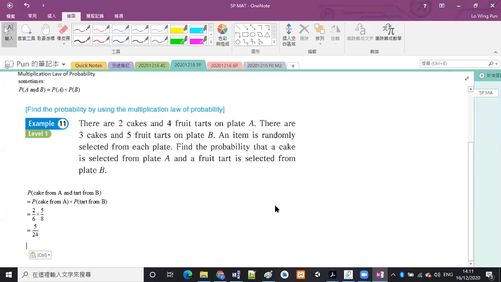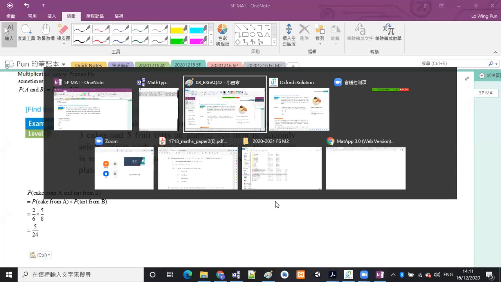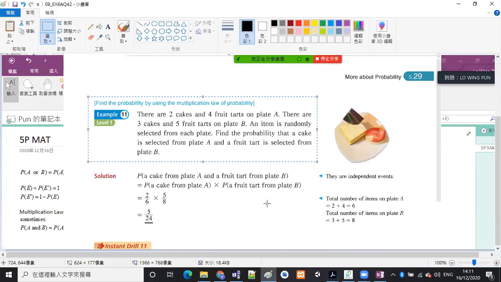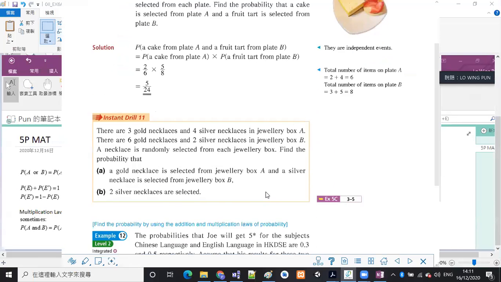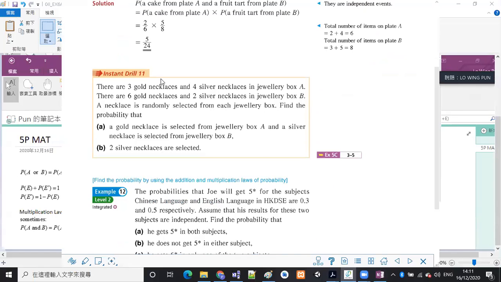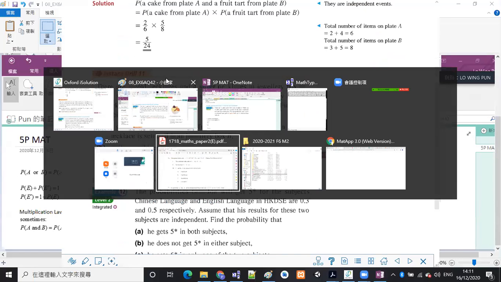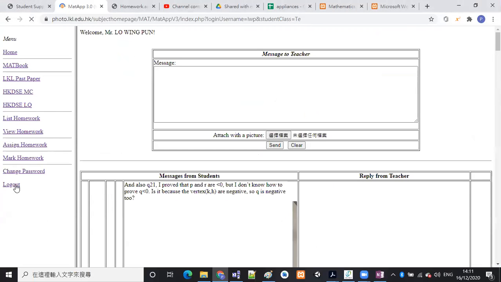I'll give you 2 minutes to try to do instant drill number 11. Please remember to submit to the Math app. I'm going to paste the link of the Math app again to you.